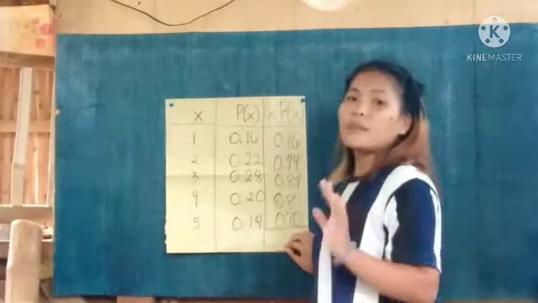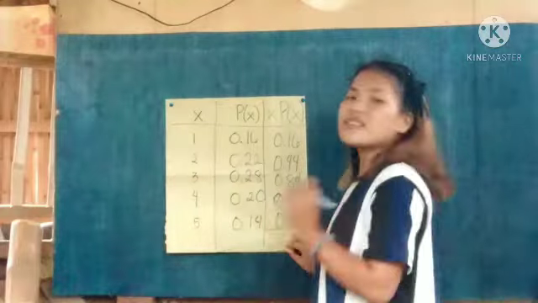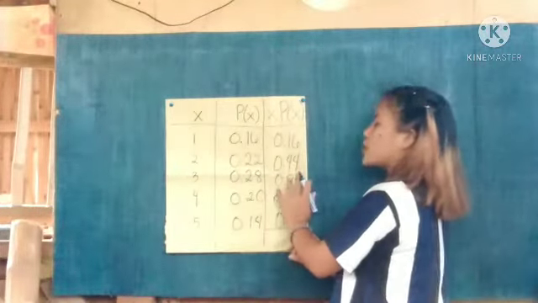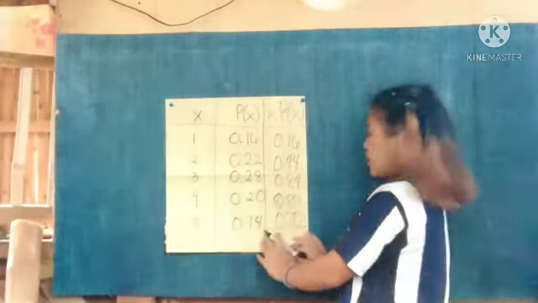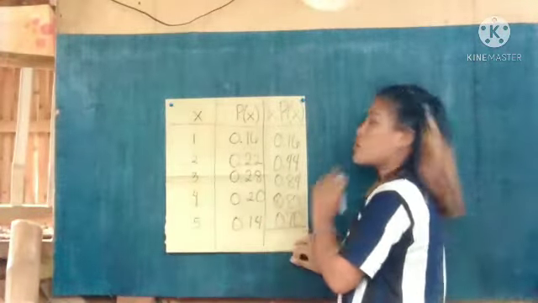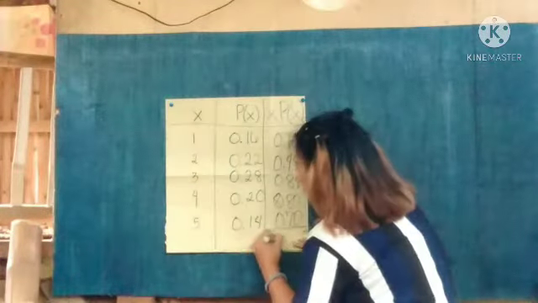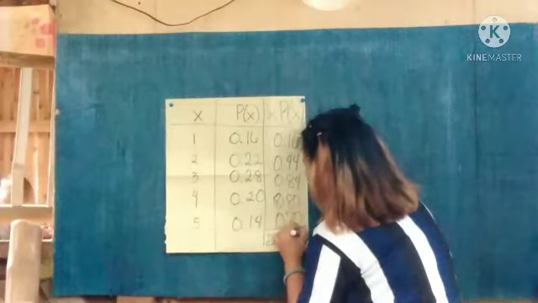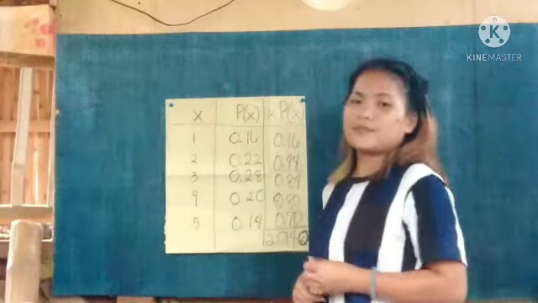So to find the mean of this probability distribution, let's add 0.16, 0.44, 0.84, 0.80, and 0.70. So their sum is 2.94, or 2.9.